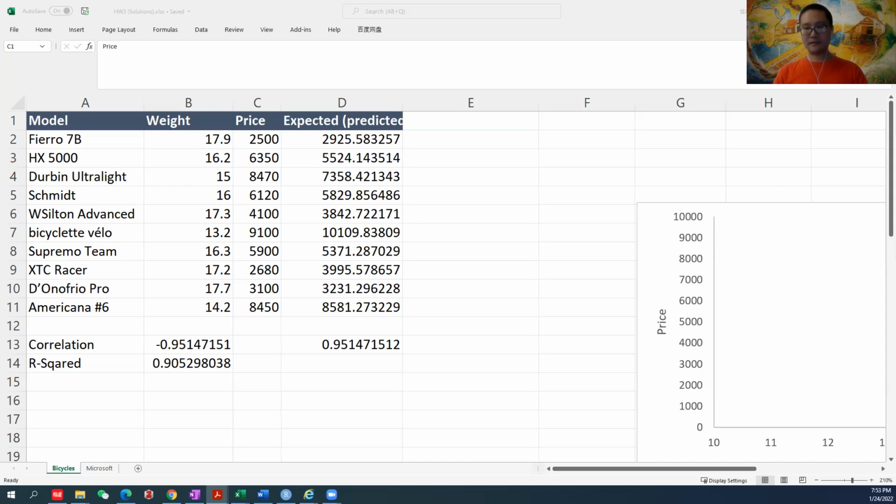The strength of the relationship, you can say it's moderate. It's not very strong, it's okay. But whether this model is good or not should not be solely judged by the magnitude of R squared.